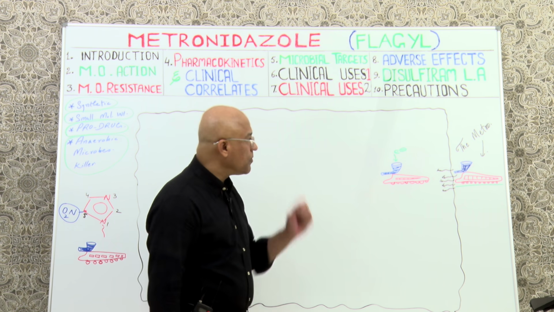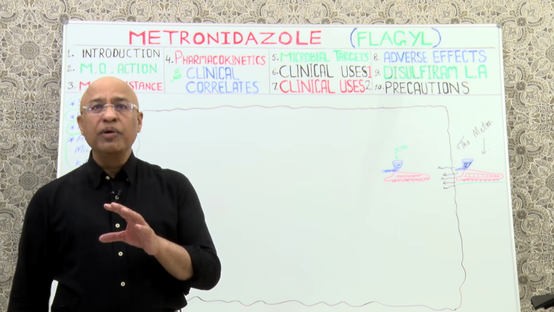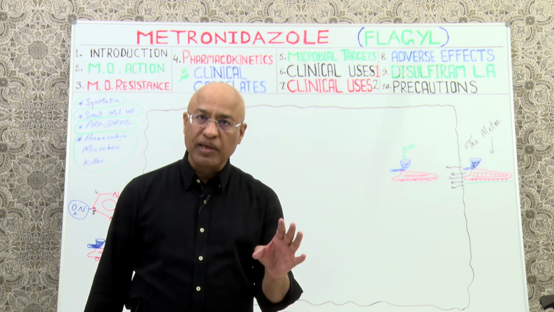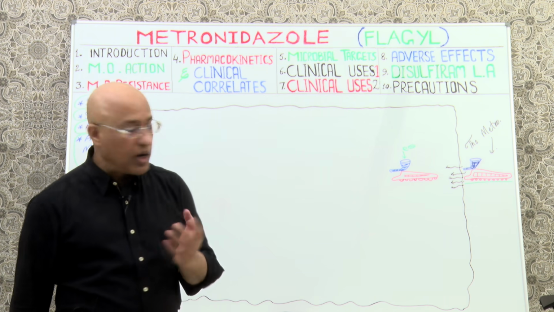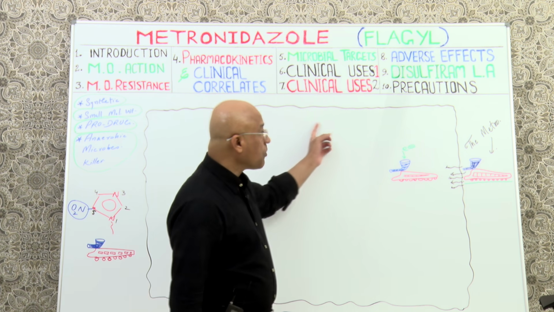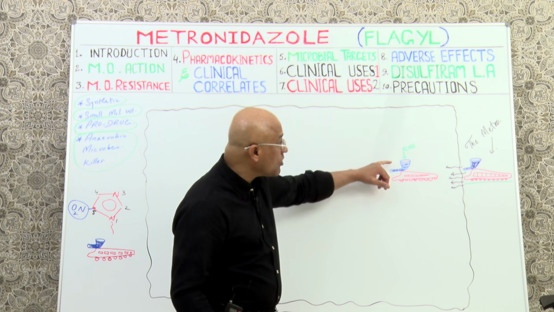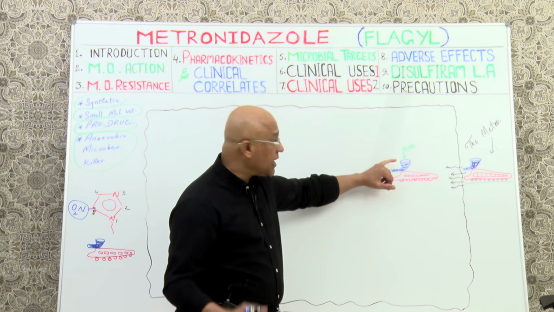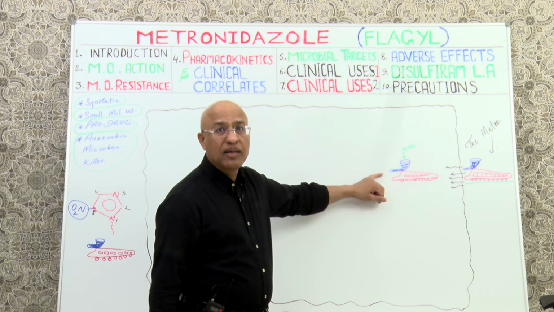Now, what we need to remember: only anaerobic microbes like anaerobic bacteria or anaerobic protozoa transport electrons in such a way that the electron can be snatched by the nitro group of metronidazole, and metronidazole becomes reactive and converts into reactive compounds.